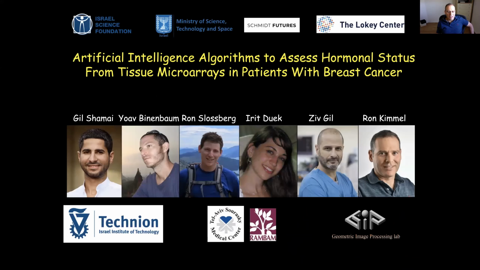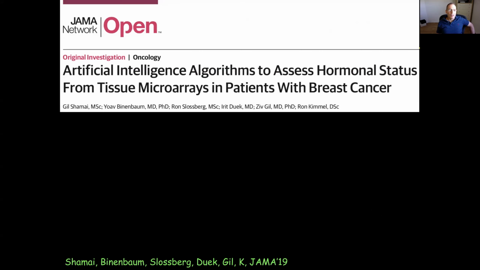So the first thing that I will talk about is some examples of how to use these classical ideas, this convolutional neural network, in order to solve interesting problems. The first is a project together with the three physicians, Yoav Binenbaum, Ziv Gil, and Eri Duek, and two of my students, Franz Rosberg and Gil Shamai, in which we try to train networks in order to classify some characteristics of breast cancer. And the way we did it is to look at what is known as histology.